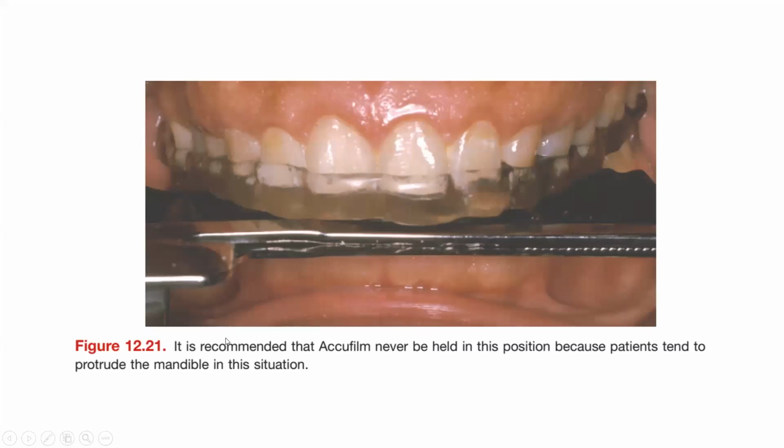We should not use this articulating paper in the horizontal, medial-to-lateral direction, because in such a condition the patient has a chance of protruding the mandible. So we should use the articulating paper from the posterior to the anterior region rather than from one side to the other side.